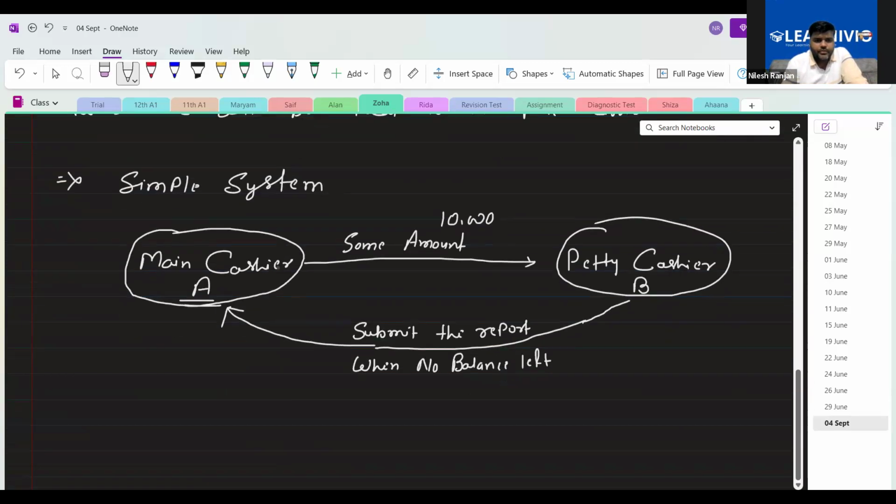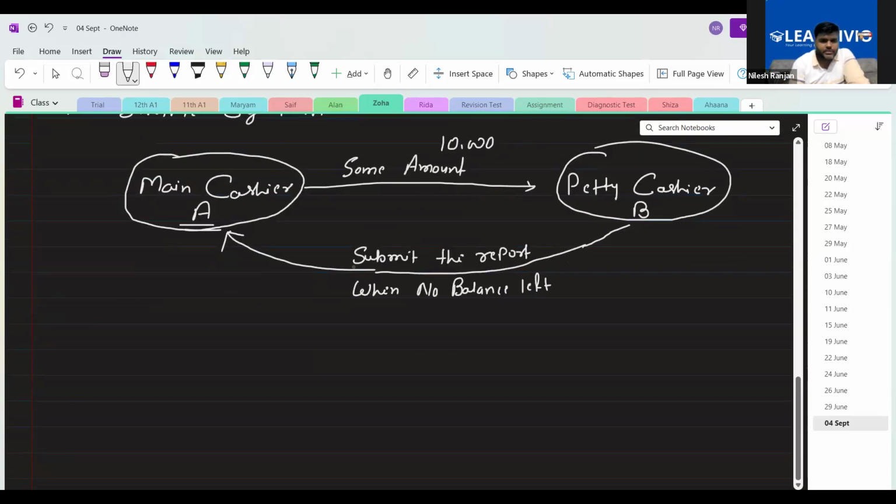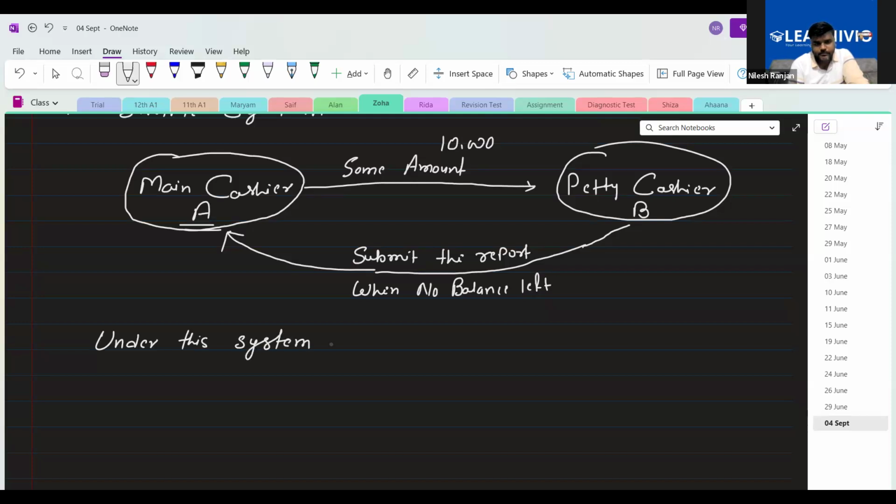Now the simple system. We will write simple system now. Under this system, the time period and amount is not fixed.